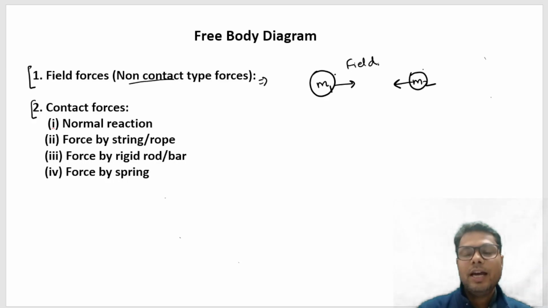These forces act when a body comes under the action of its concerned field. For example, when a mass comes in a gravitational field, a charge comes in an electric field, a current carrying conductor comes in a magnetic field. So these forces are called field forces, and they do not need to make contact with each other for the application of force.